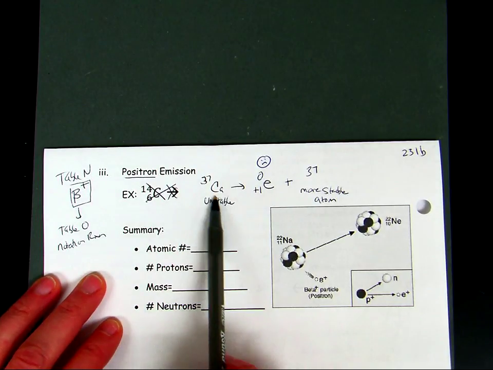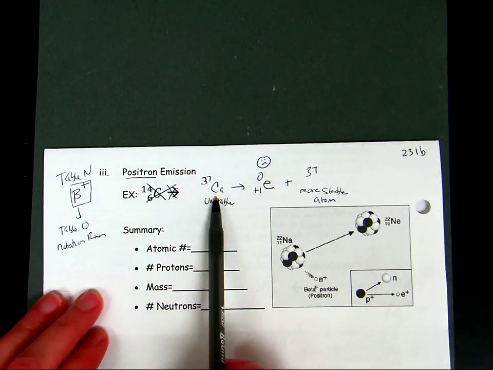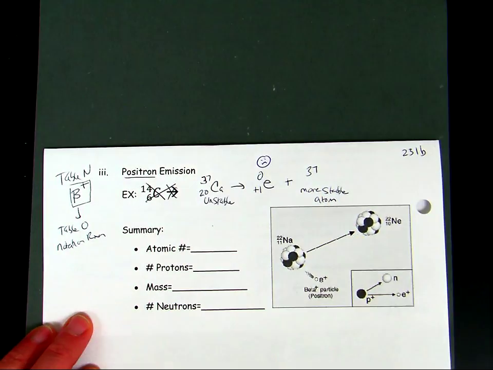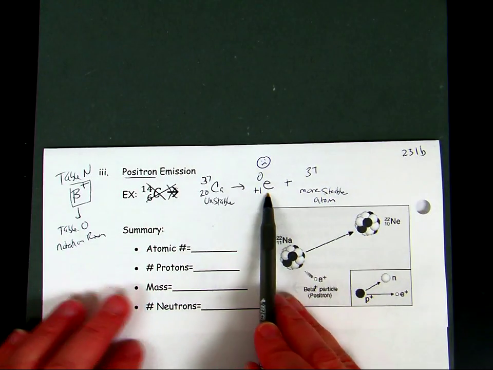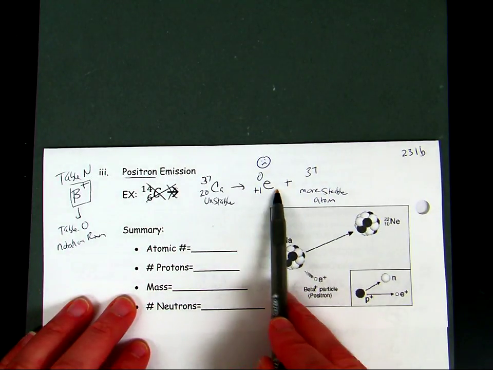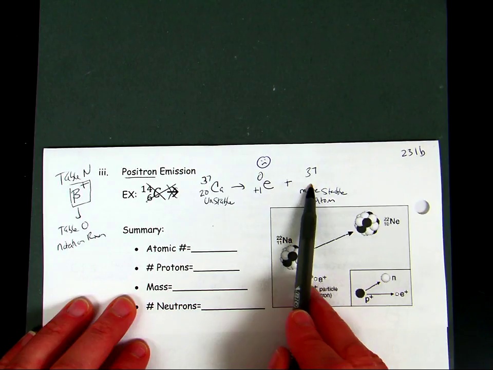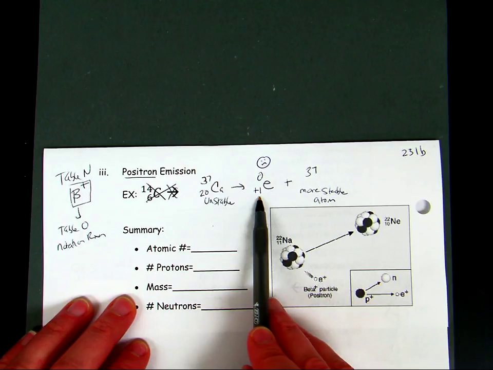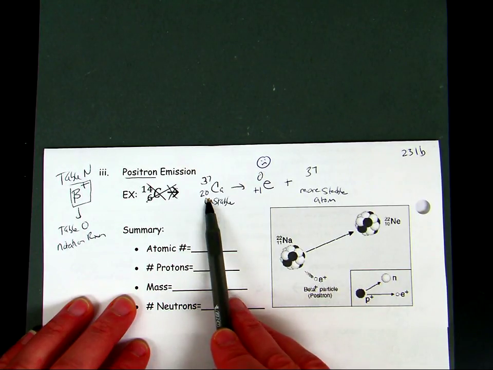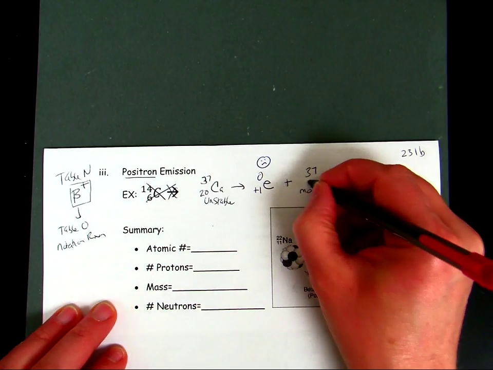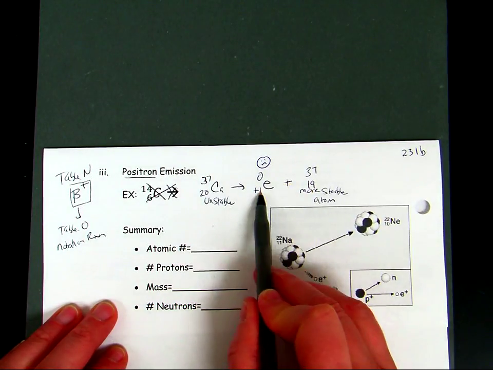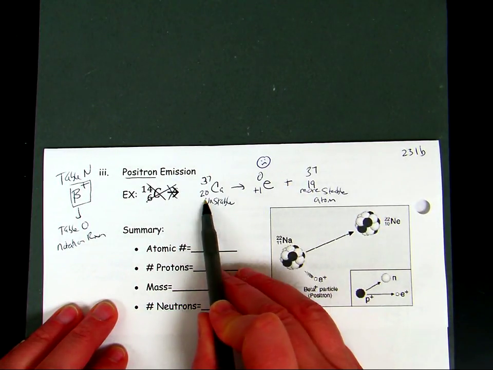Now, we are not given, but we need to look up on the PT, calcium has an atomic number of 20. And look, the positron takes a +1 with it. So the new structure, whatever we assign its atomic number, that number plus the +1 needs to equal 20. So if we assign an atomic number of 19, 19 plus a +1 will give us 20.